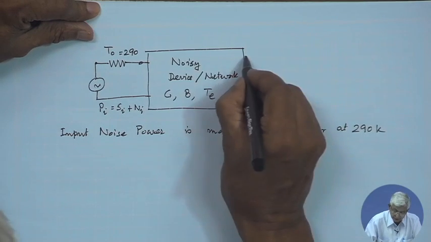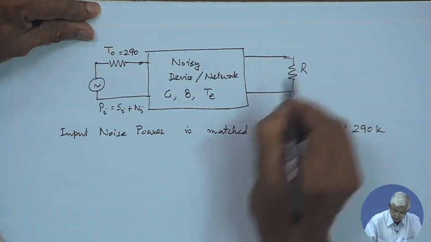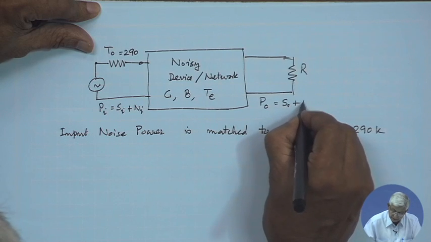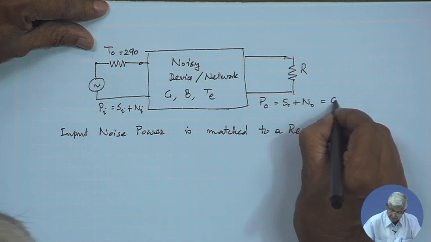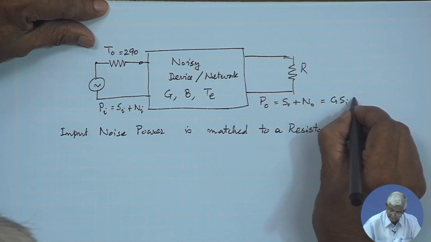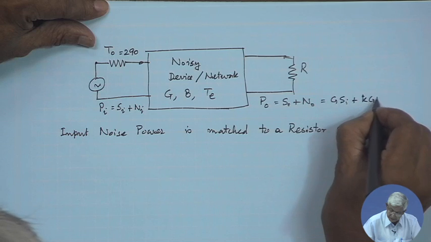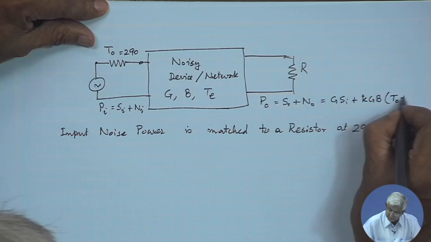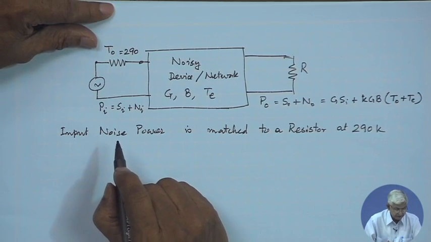And then the power output to the load is output signal power and noise power, that is total power output, there is a gain G. So, G times the input signal power plus K G B times the input temperature plus effective noise temperature of this device or the noisy network.